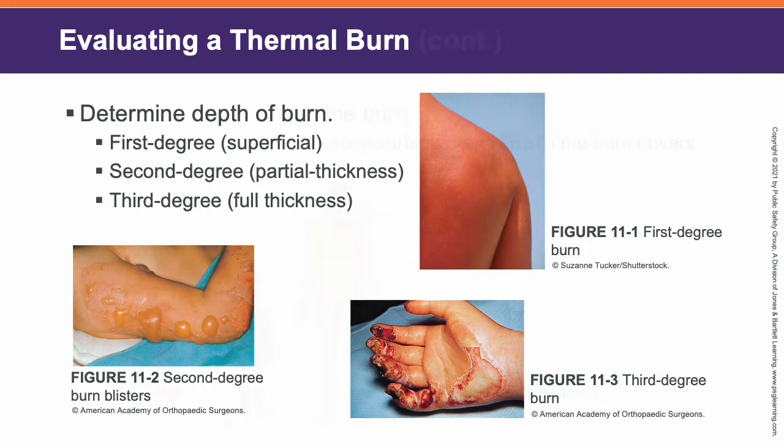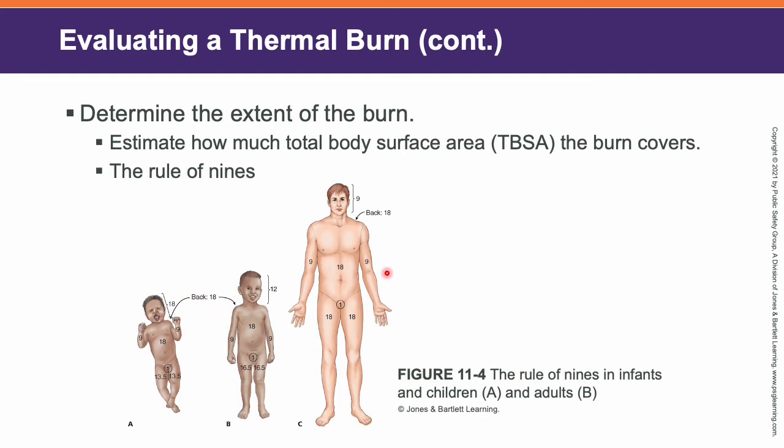Okay. So one way that we evaluate thermal burns is by what's called TBSA, or total body surface area of the burn, like how much of the body it actually covers. So there is this thing called the rule of nines. Okay, so basically what it's saying is the arms are each worth 9% of your total body surface area.